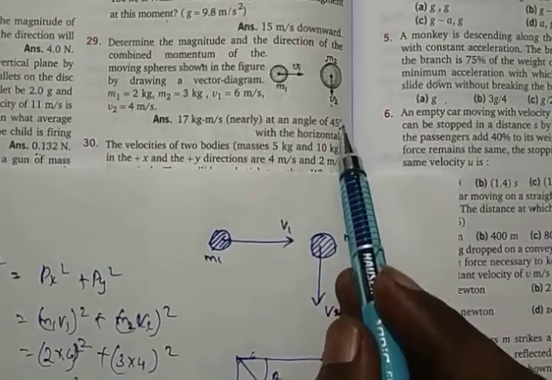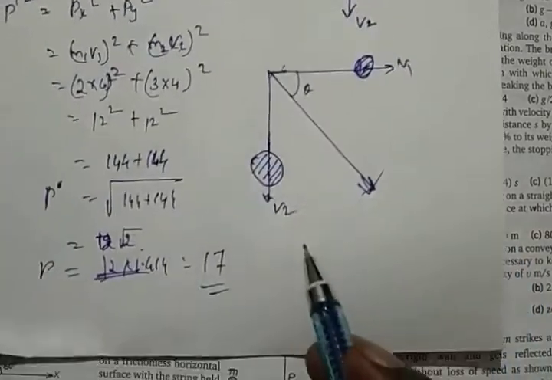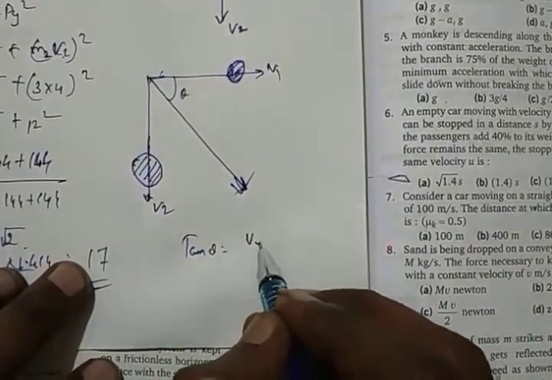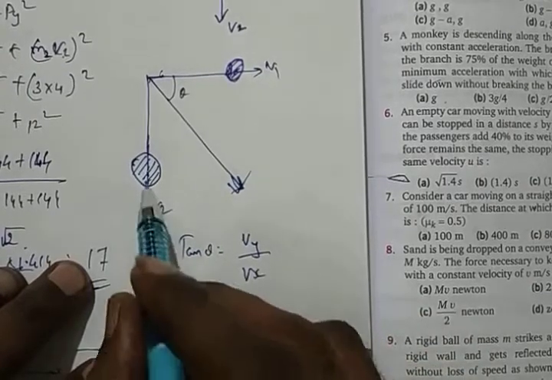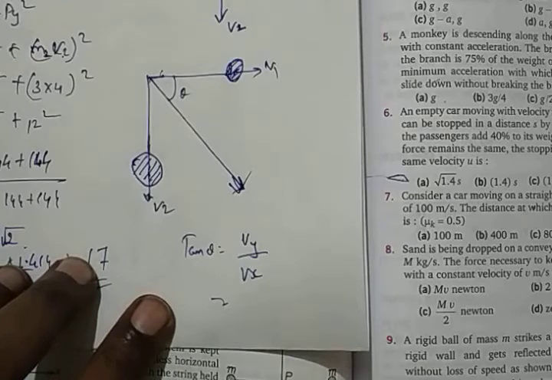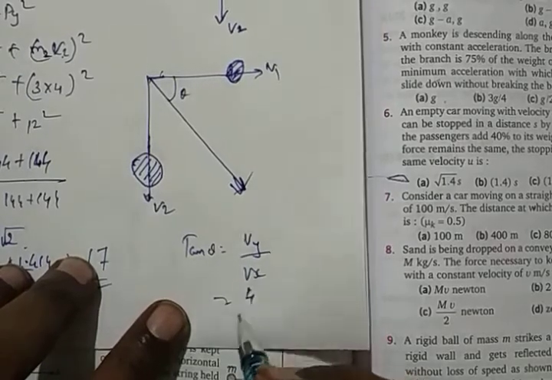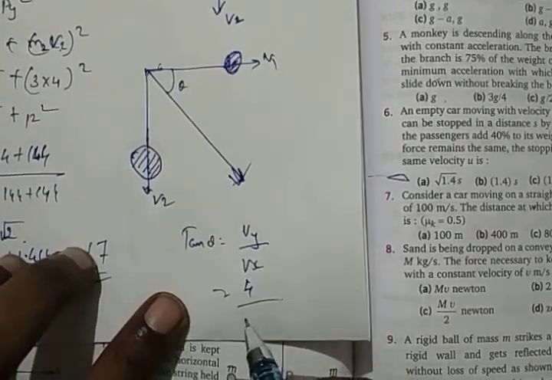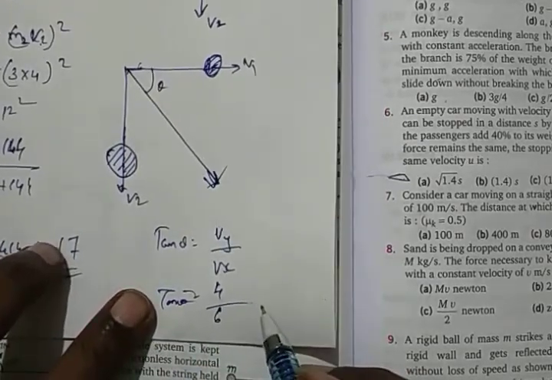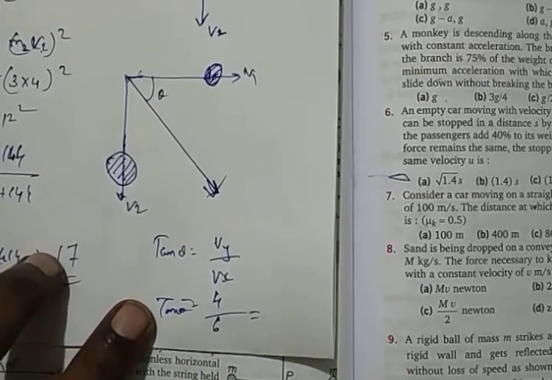So what is the angle here? The angle is given here as 45 degrees. How to find out the angle here? Similarly, tan theta is going to be equal to Vy upon Vx. What is Vy? Vy is V2 here, so V2 is 4. And what is Vx? Vx is 6. So you will get the answer here.